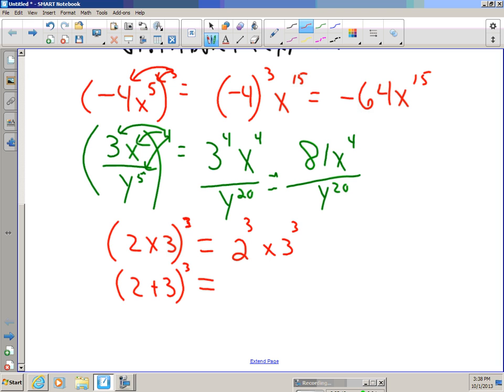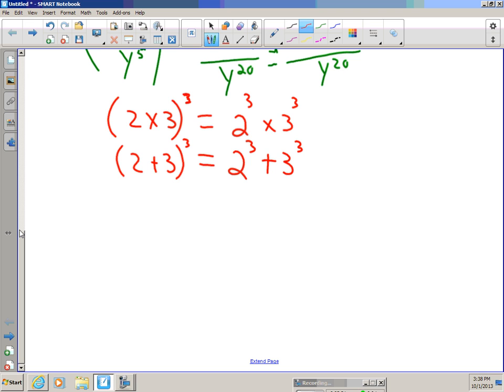It is equal. What if there were addition? Does this concept still hold true? Well, we can easily figure this out by working out the numerical example. Order of operations tells us to do the following. Parentheses, exponent.